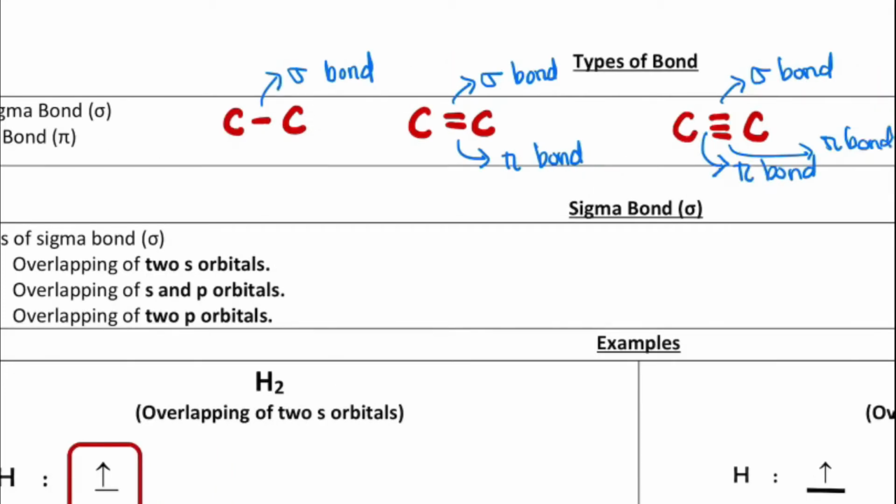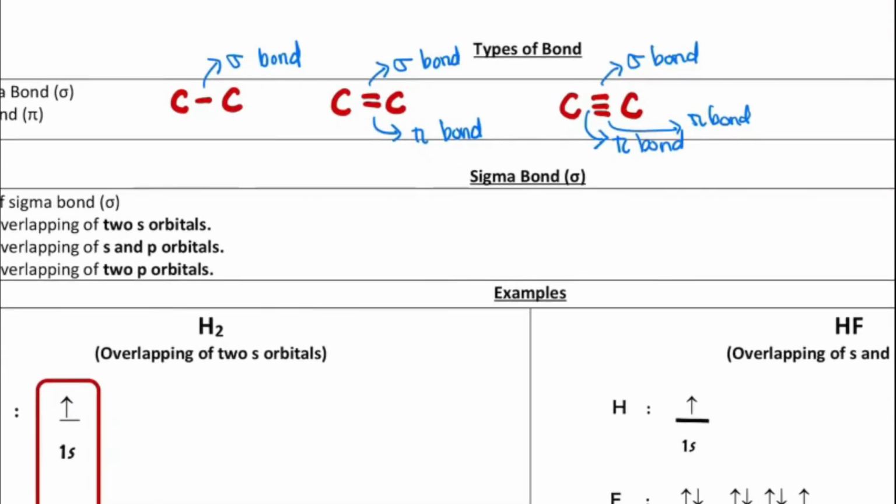Right, so kiranya ingat je lah, setiap satu bonding ada satu je sigma bond. The rest is all pi bond. So, daripada Lewis structure inilah yang kita boleh nampak ada double bond, ada triple bond, tapi macam mana dia bonded, macam mana sigma bond and pi bond tu terhasil, kita boleh tahu daripada valence bond theory. Kita akan nampak dia overlap macam mana.